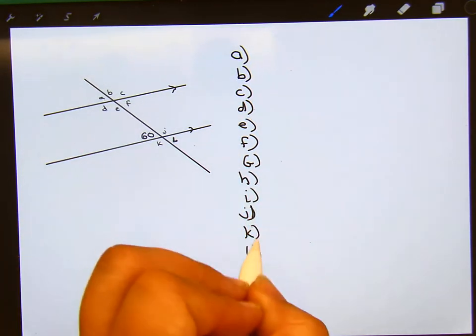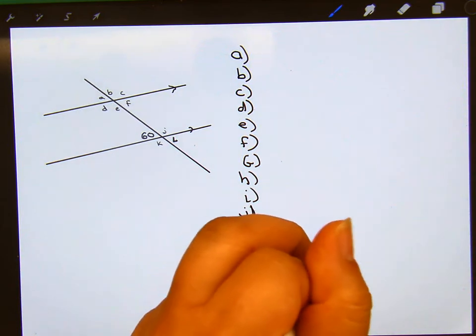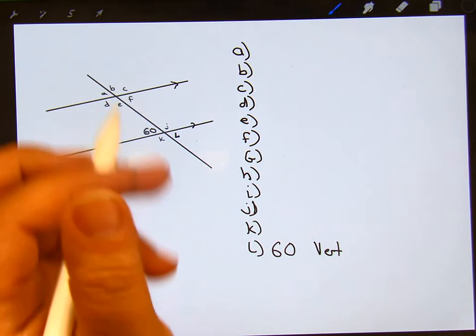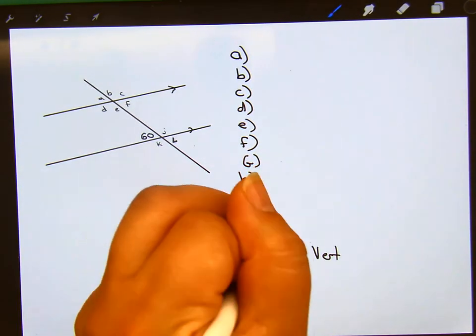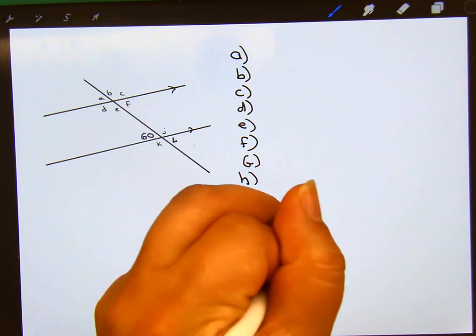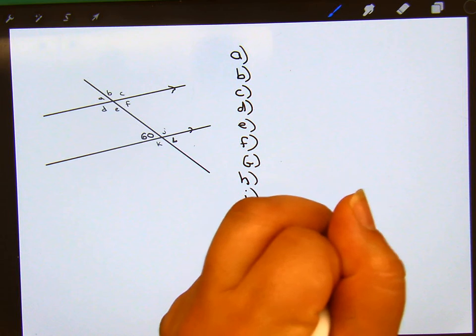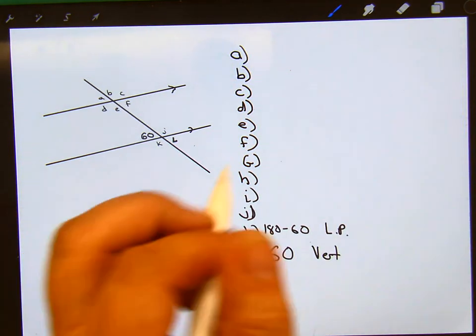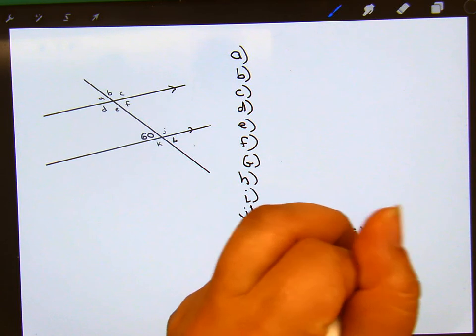So we said that L had to be 60 degrees because they are vertical angles. We also know that K was 180 minus 60 because these are a linear pair, and so that means K is 120.